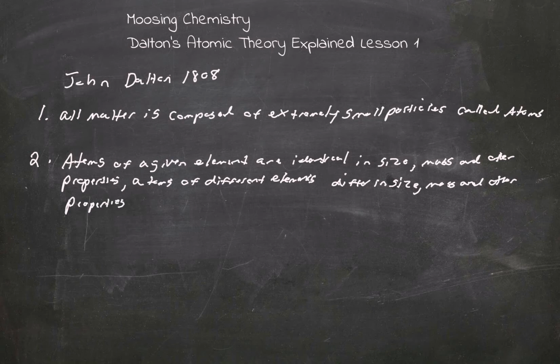So, in essence, what he's really saying is that gold is gold, silver is silver, but silver doesn't look like gold, or doesn't have the same properties as gold, or sodium doesn't have the same properties as, say, carbon. So he's saying that all atoms of carbon are the same.